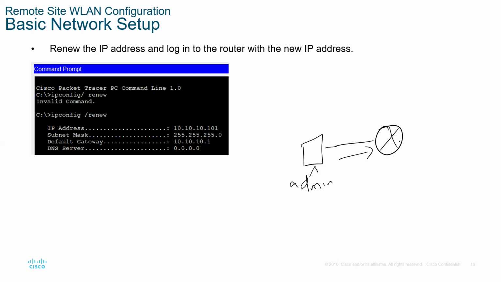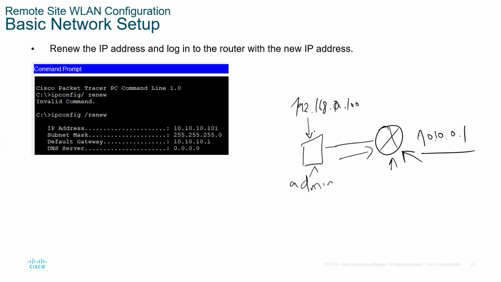Once you change the DHCP settings on the router, the IP address on the admin, if it was set to get its IP address dynamically via DHCP, will change as well. So probably you had 192.168.0.100 here, and the DHCP settings have now changed to 10.10.10.1.